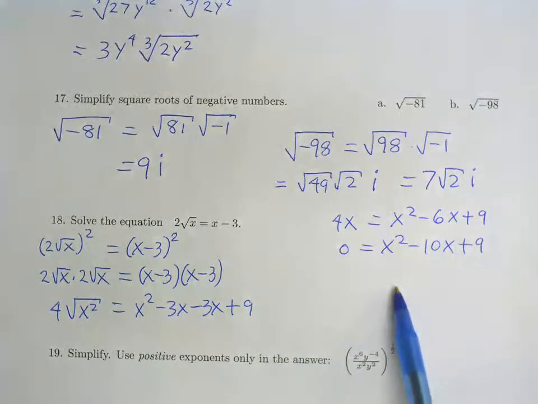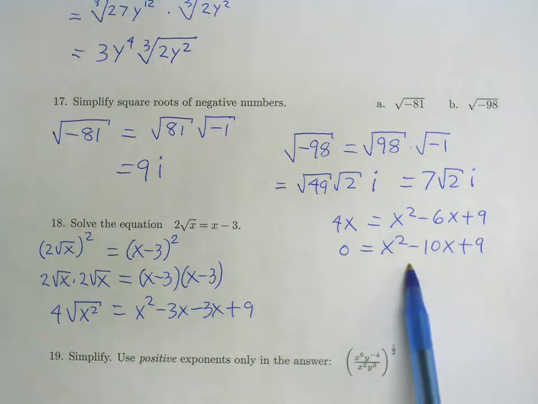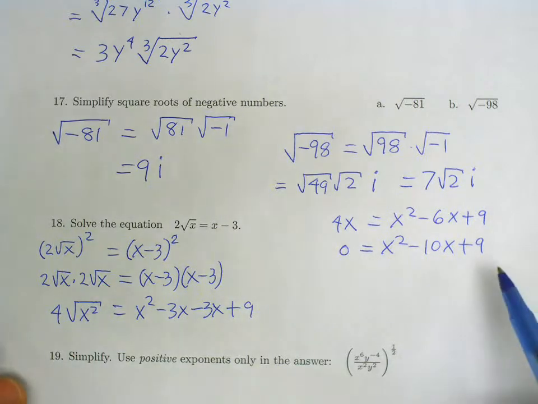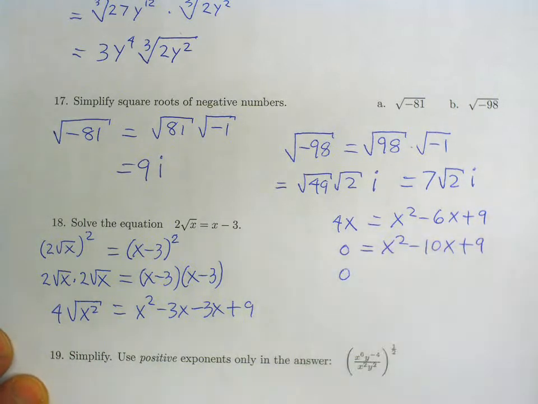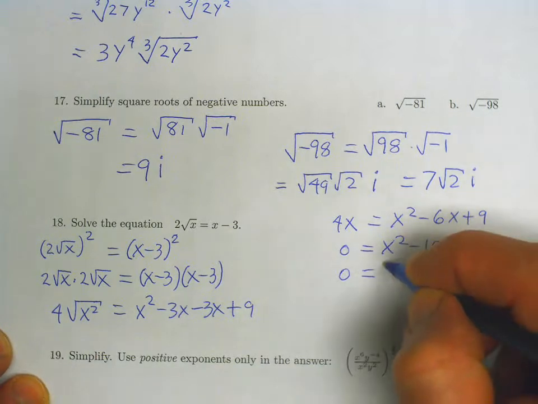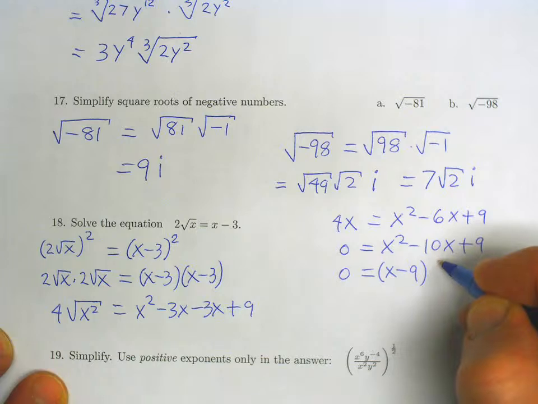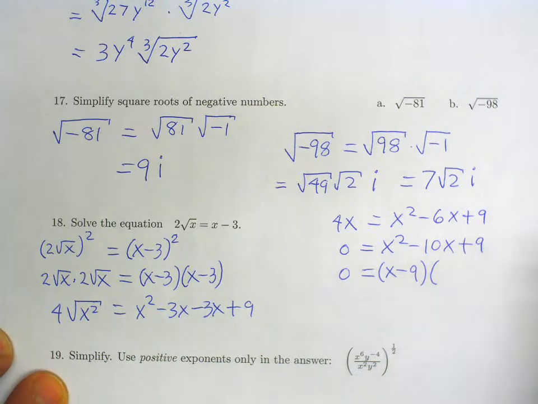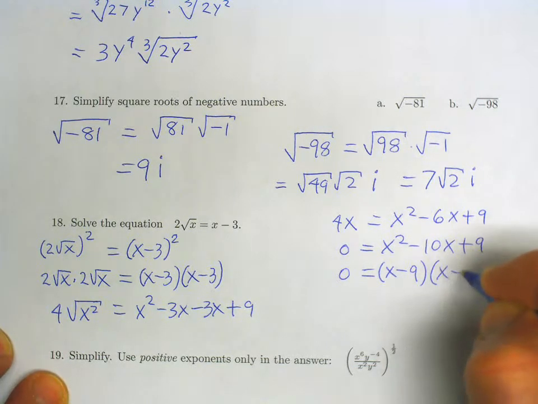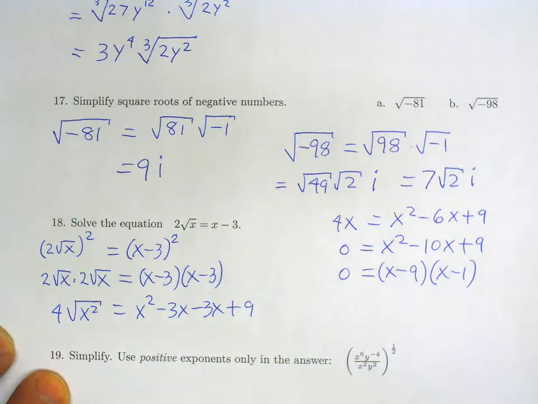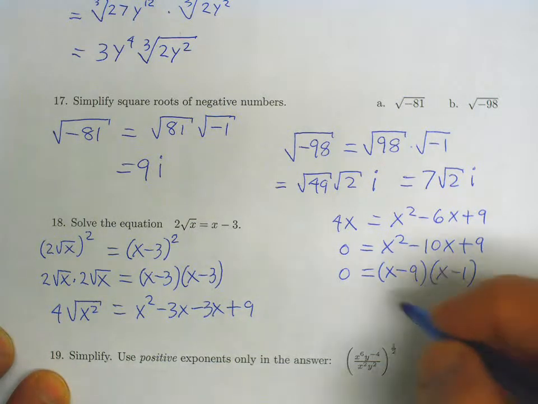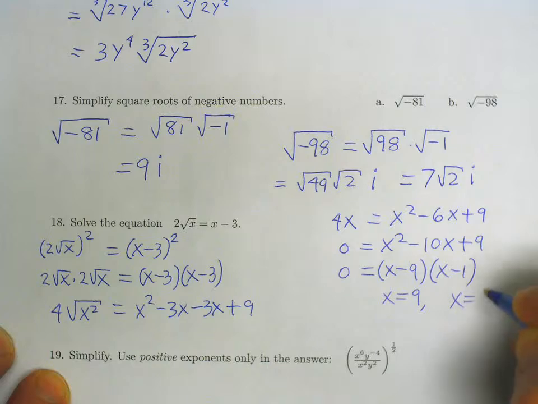This is a quadratic equation that can be solved easily by factoring. If you don't see how to solve it by factoring, you can always use the quadratic formula. So the two factors are x minus 1. I was right, but I wrote x minus 9. x minus 9 times x minus 1. The quadratic equation has 2 solutions. One is positive 9, and the other one is positive 1.